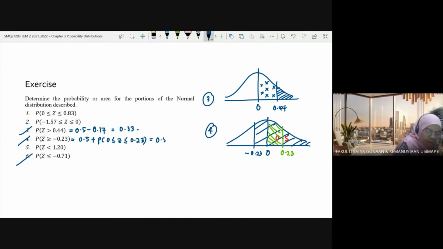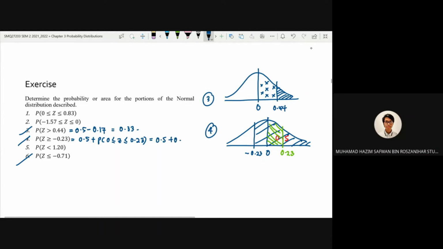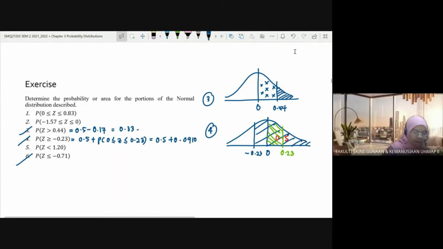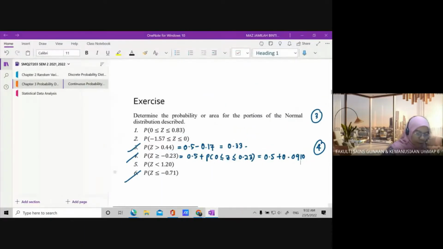So that will be 0.5 plus, what's the value from 0 until 0.23, class? 0.0910. Yes, correct. 0.0910 to 3.